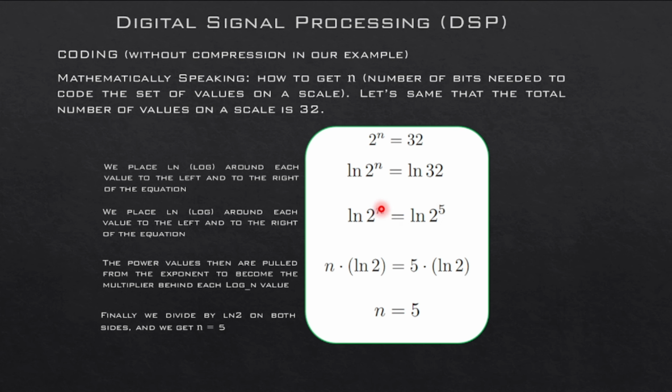Because a power inside a logarithm is multiplied, n ln 2 is equal to 5 ln 2, and you get rid of ln 2. So n is equal to 5. This is how we get it mathematically.